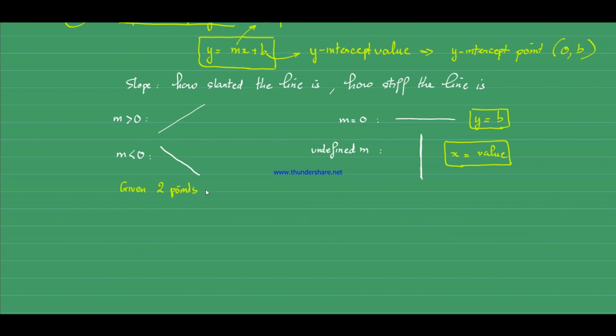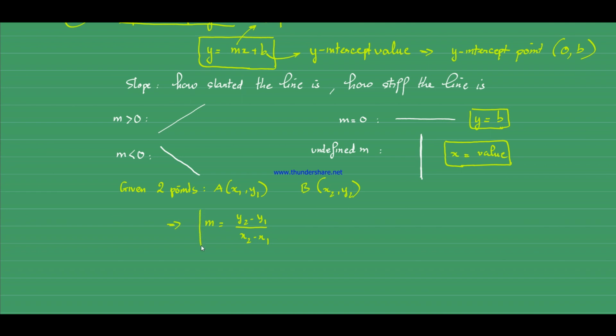Let's say the coordinate of point A is (x1, y1), and the coordinate of point B is (x2, y2). Then we can find the slope by y2 minus y1 over x2 minus x1.